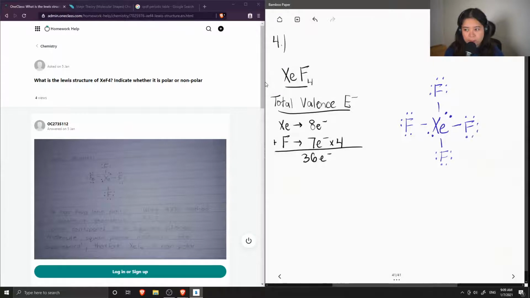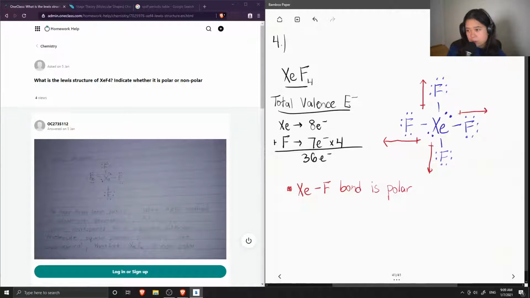And the second part of the question asks whether it is polar or nonpolar. So I'll just note down here that the xenon-fluorine bond is polar. But if we look at the overall molecule, because fluorine is much more electronegative, I can show dipole moments all pulling electrons towards the direction of the fluorine atoms.